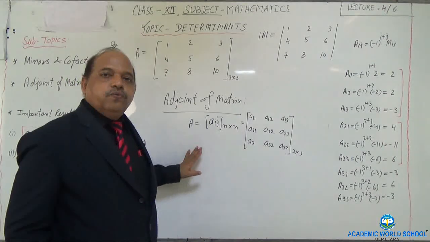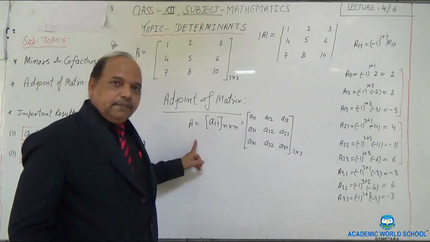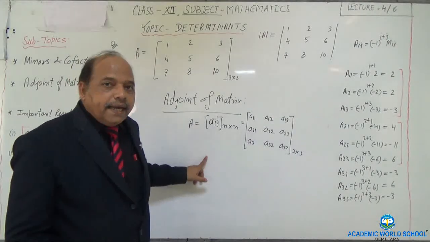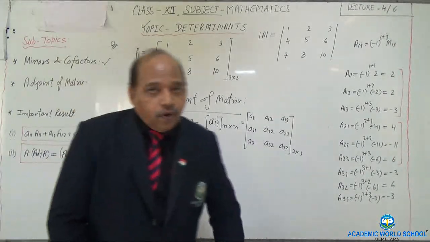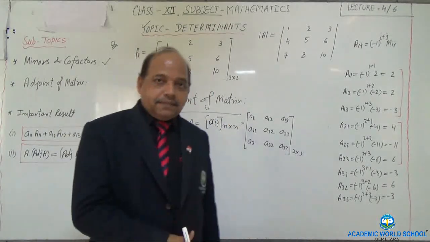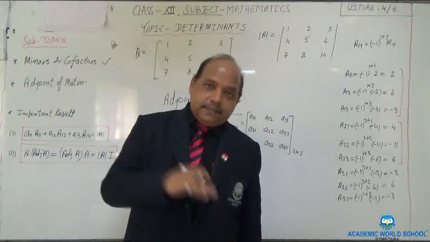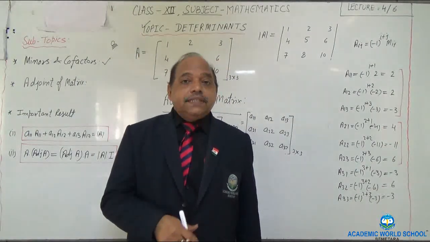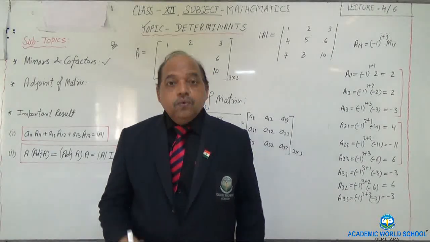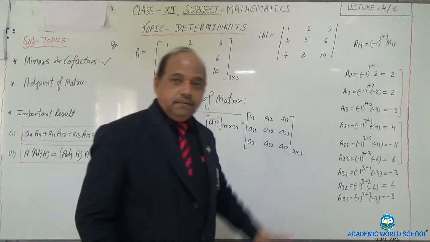Now I want to find out the adjoint of this. So what is adjoint? Adjoint is again a matrix. Adjoint of a matrix is a matrix which is made by cofactors of corresponding elements.